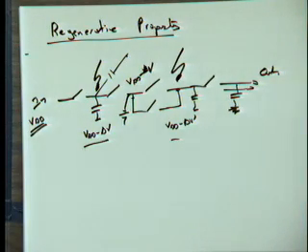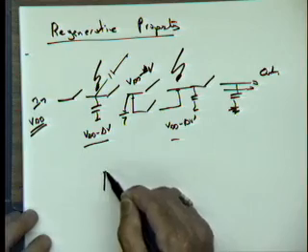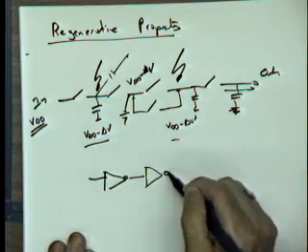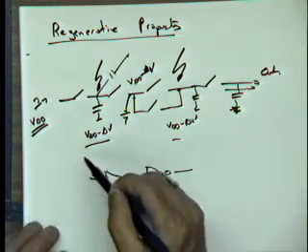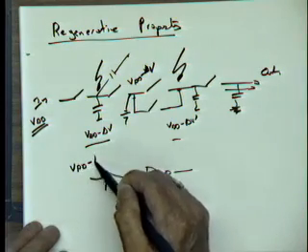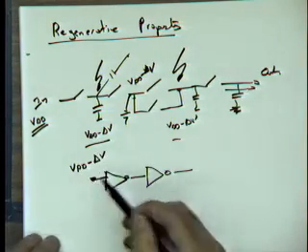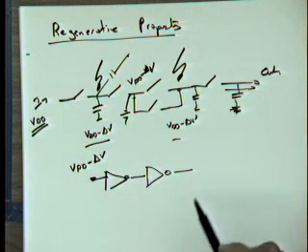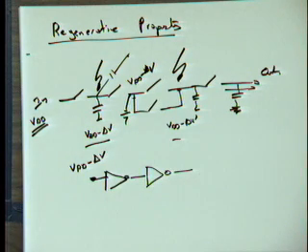The idea of the regenerative property is that if I take a gate, I'm not saying exactly how it's implemented, but suppose I have two inverters, just to make life a little bit easier. Suppose I apply here VDD minus delta V. So the input signal here is not perfectly a 1 or a 0. There's some noise added to it. A logic gate that has a regenerative property has the property that as you progress through consecutive gates, the impact of that noise is going to disappear.